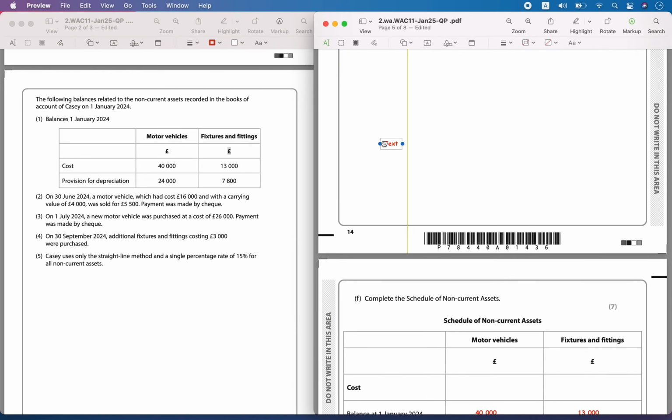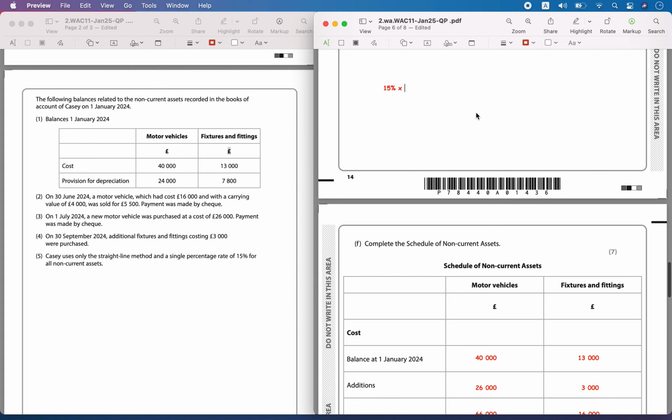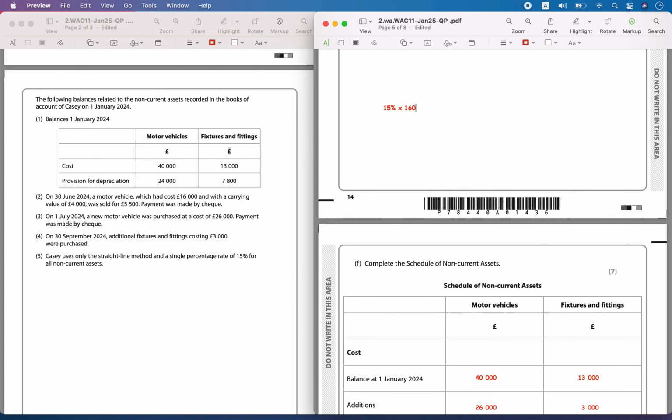For the fixtures and fittings, so the total 15% of the total cost is 16,000. So the value is going to be 2,400.